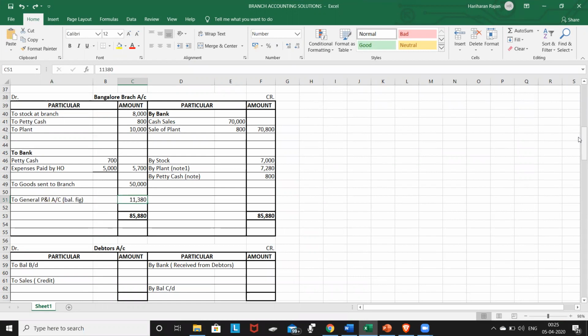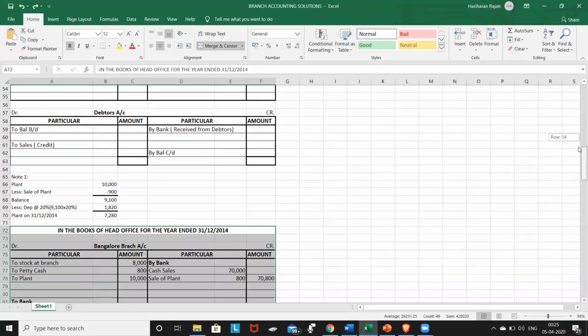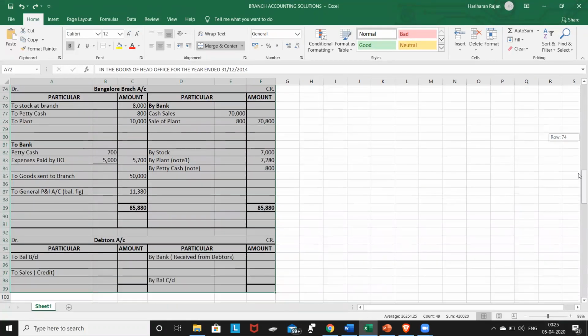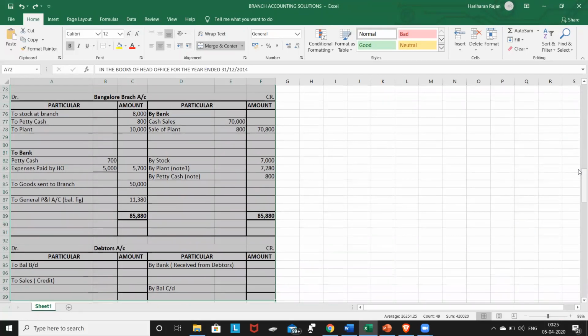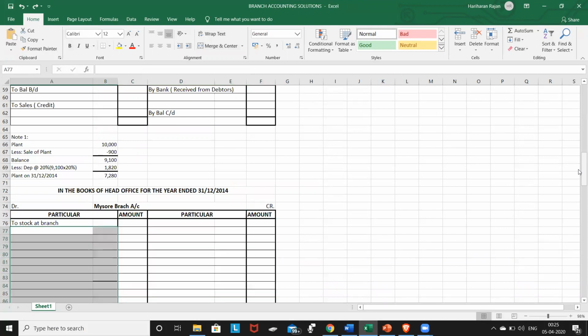So make a note of it. Let us draw the format. I'll just copy the same format so that it is easy for me to do it. I'll remove all this. So let us start with the problem.